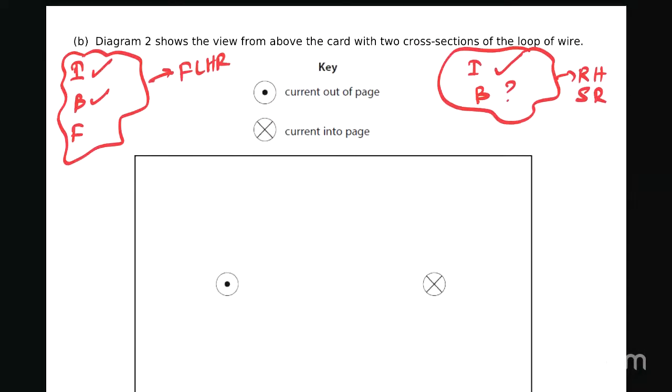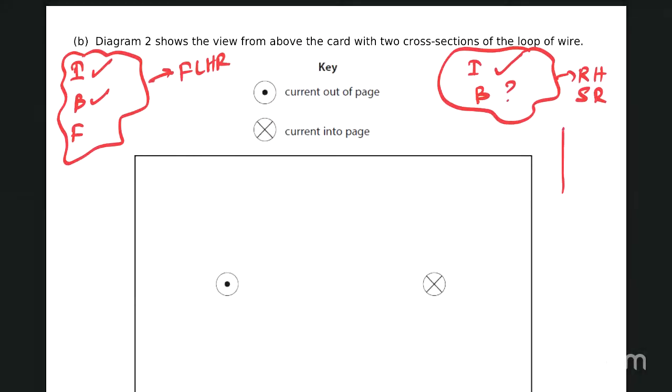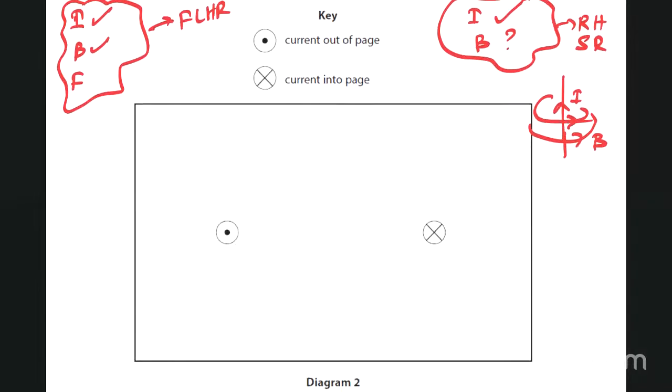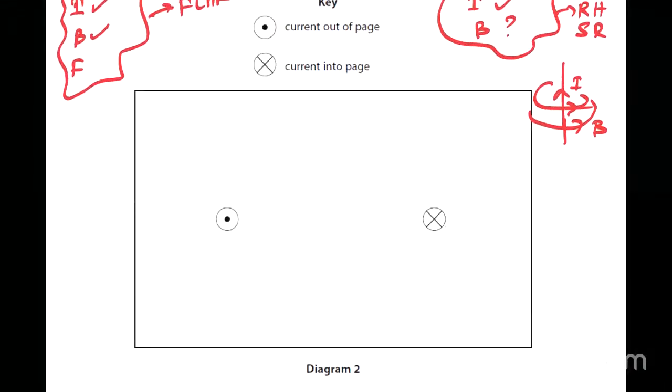So what is the swirl rule? If this is the current direction, the other fingers will be giving you the direction of the magnetic field. So something like this. Okay. Right. So now if I label this one to be A, this is to be B for my explanation.